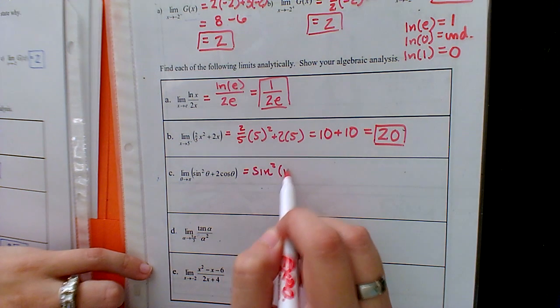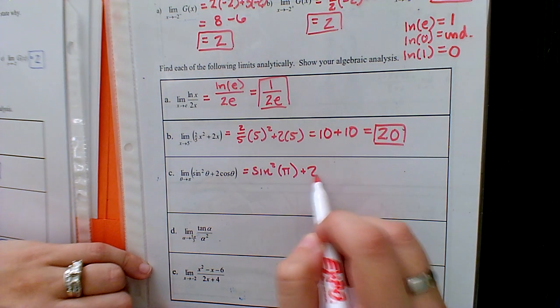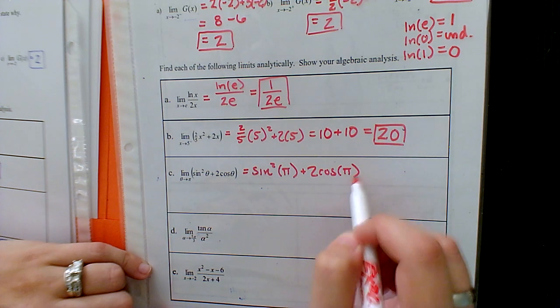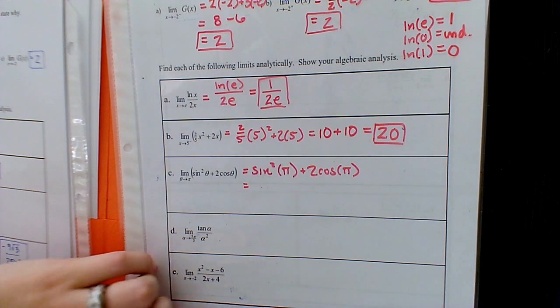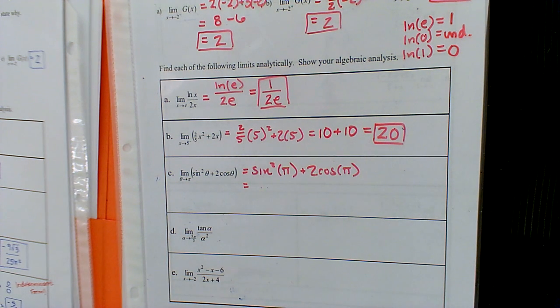Sine squared, we're going to plug in pi. Alright, without a unit circle, because this is one of the points that we have to know. If you were to go to the pi location, what would the sine value be of that ordered pair? Good? 0, yep.